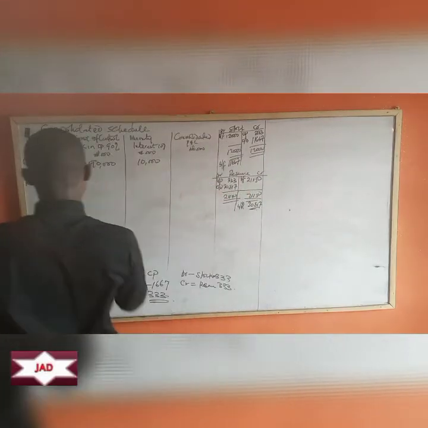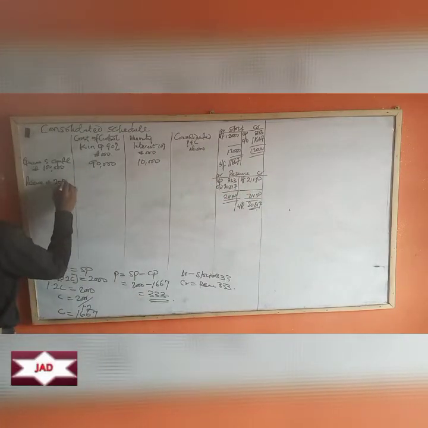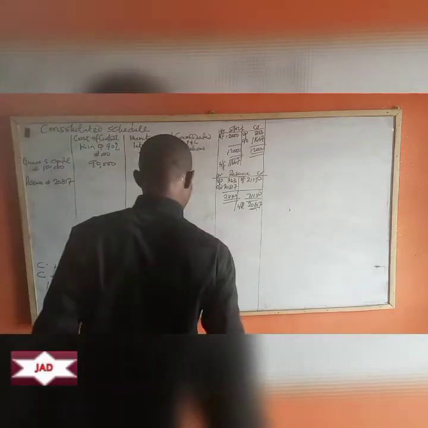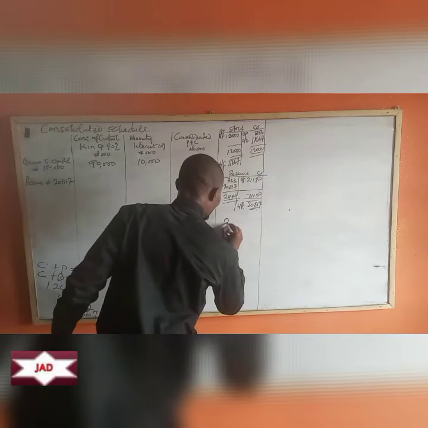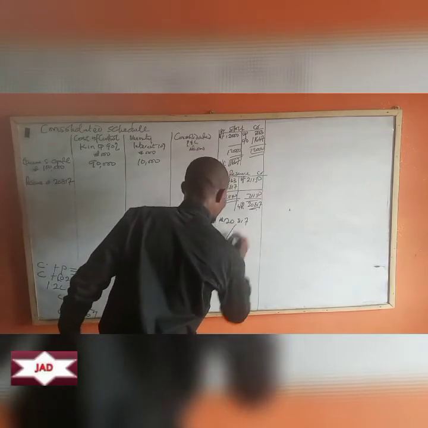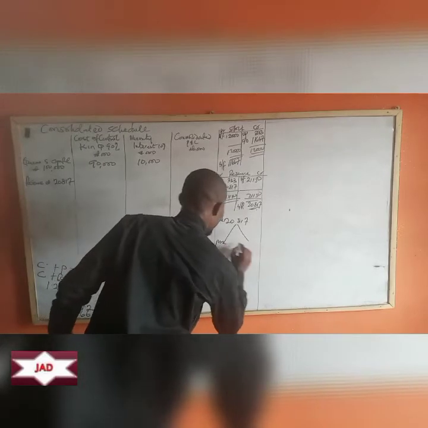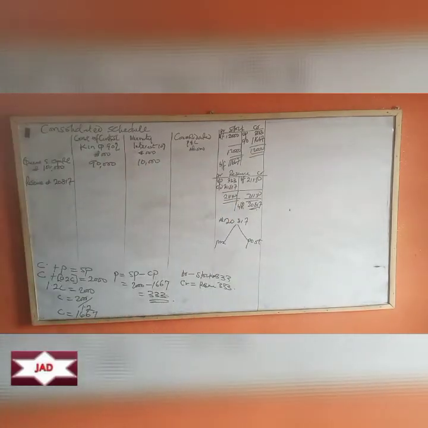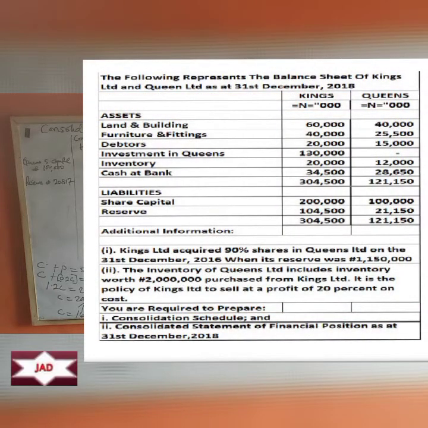So our reserve here now will be 20,817. But remember, there's a way we adjust, right? We have pre and we have post. So what's the pre? According to the question, Kings Limited acquired 90% of shares in Queen Limited when its reserve was 1,150 million.